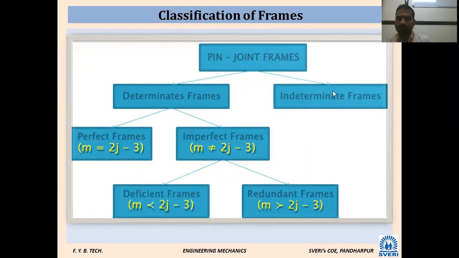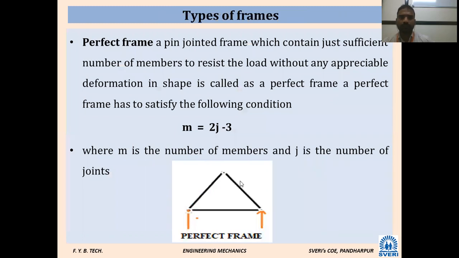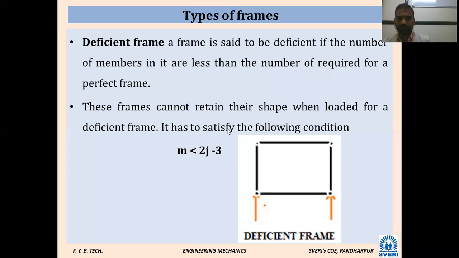See, so same perfect frame. Have you written this one? Perfect frame, m is equal to 2j minus 3. What is m? Number of members. j is number of joints.